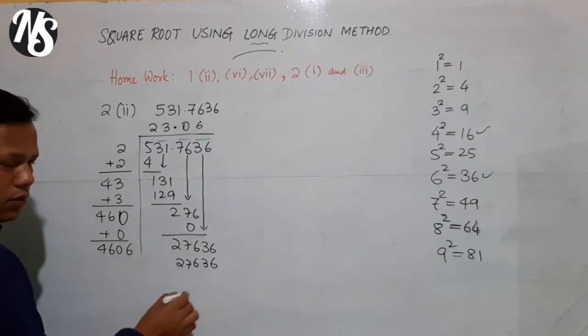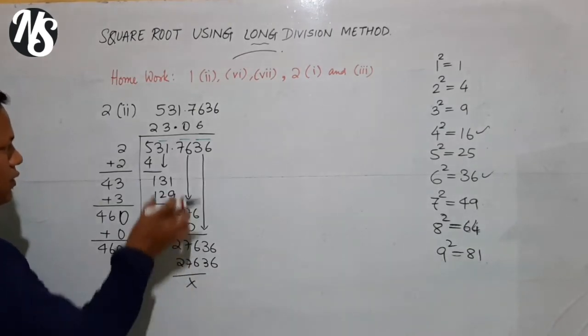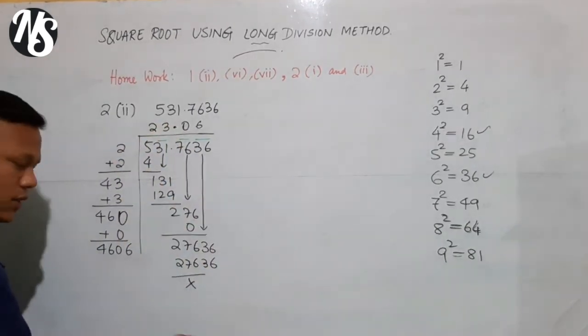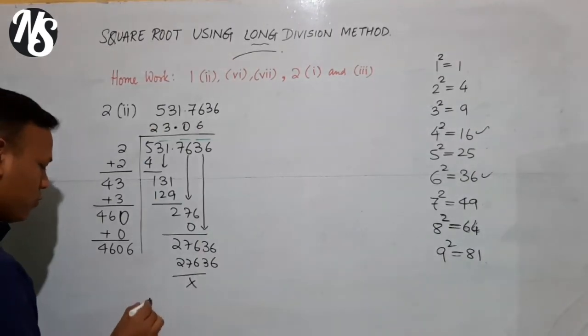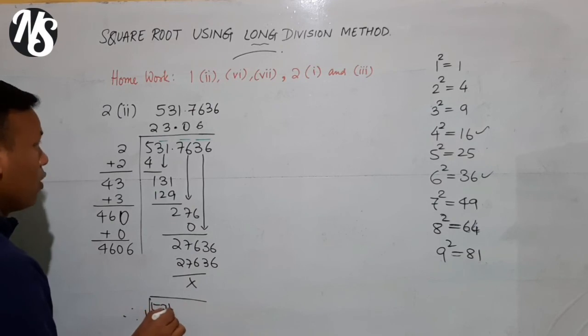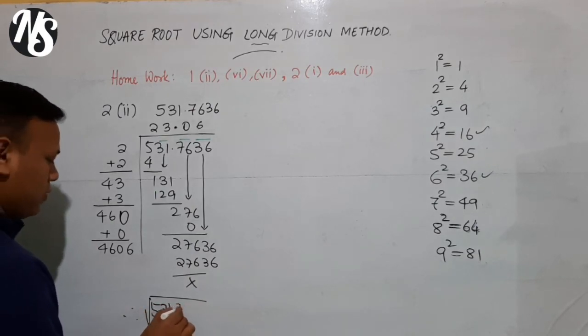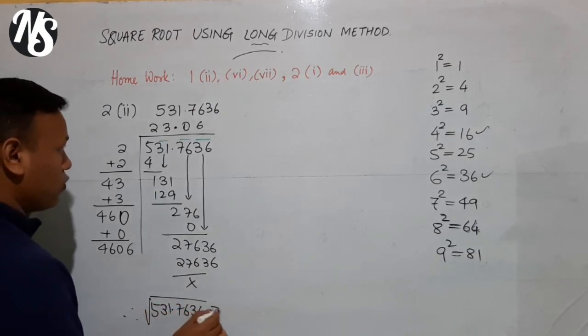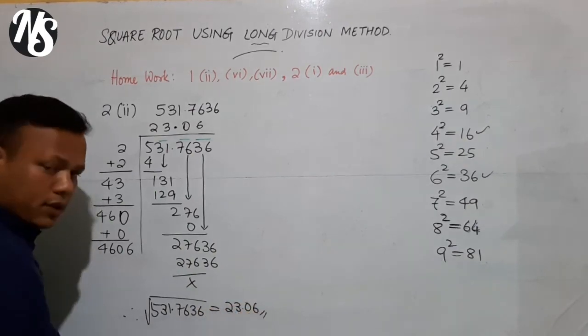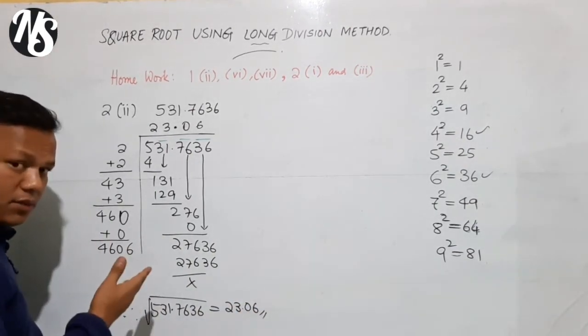Are they same now? Yes. That means the square root of this will be how much? 23.06. So therefore, the square root of 531.7636 turns out to be 23.06. That's all. Okay, isn't it very simple?